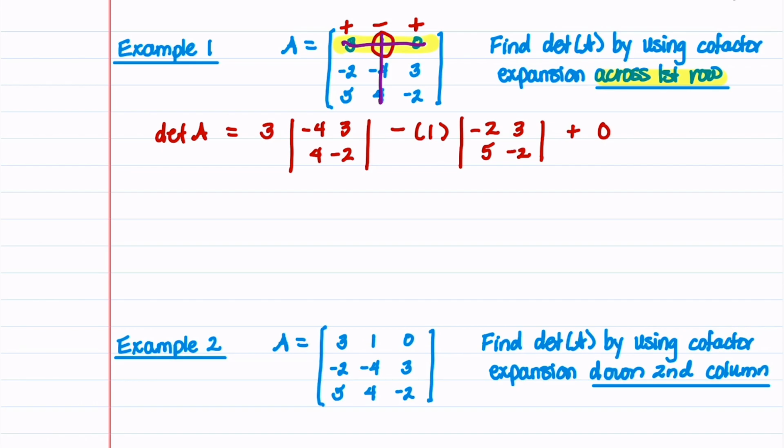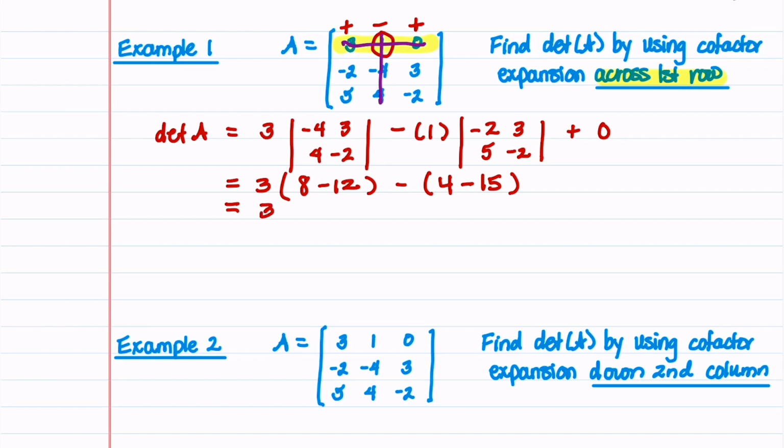Now let's go ahead and compute our determinant. So this is 3. Our first 2 by 2 determinant is going to be minus 4 times minus 2 is 8, minus 4 times 3 is 12, minus our next determinant is minus 2 times minus 2, which is a 4, minus 5 times 3 is 15.